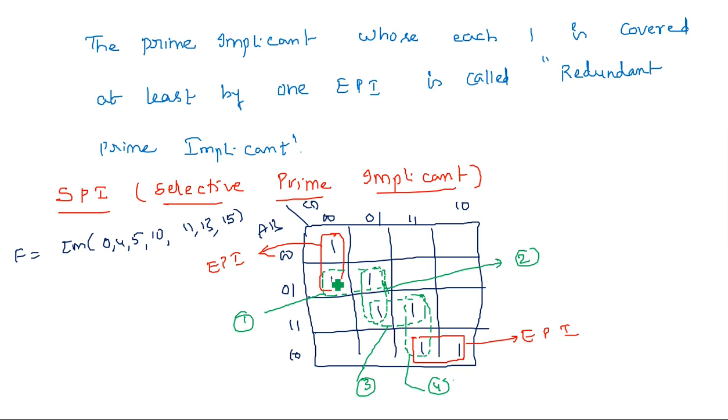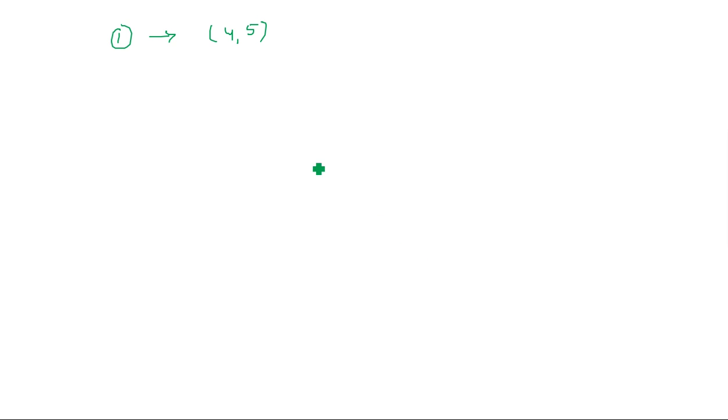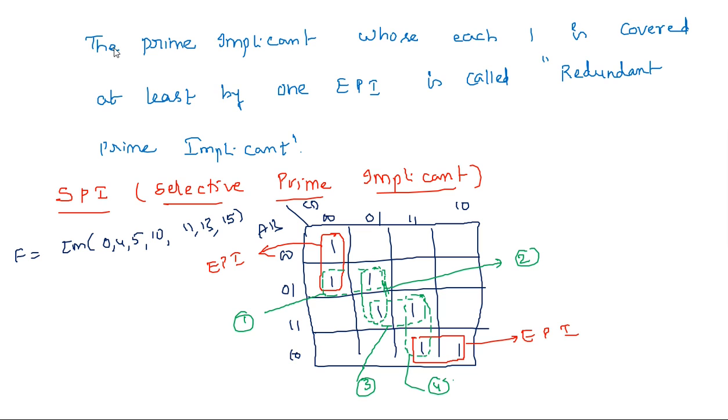Okay, according to location I am writing 4 comma 5, and another set is, let us consider, the third one, 13 and 15. This is 13 and this is 15, another set. And one combination is 1 and 3, that is 4 comma 5 and 13 comma 15. We better take the K map.